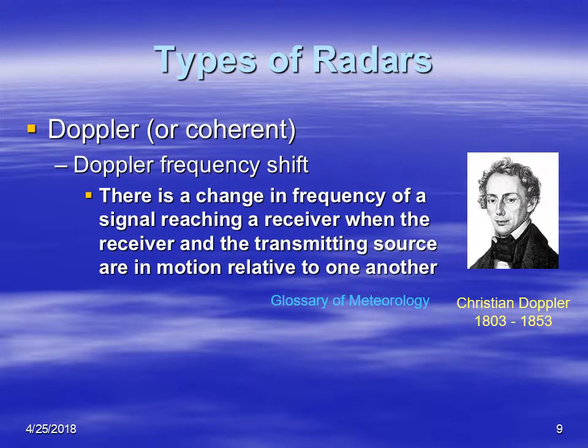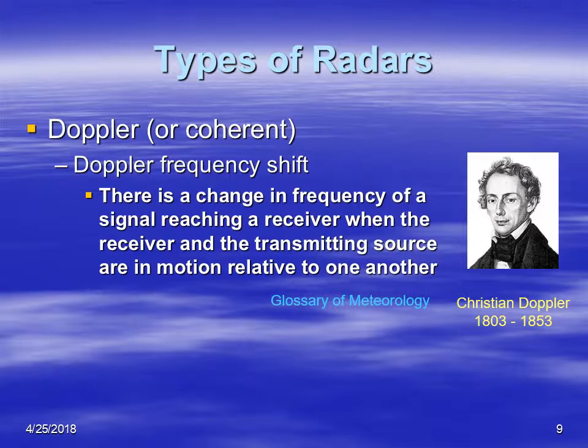There are other types of radars. Another example is the Doppler, or sometimes called coherent radar. This is a radar that's able to measure the Doppler shift. Doppler shift is where you get a change in the frequency of a signal that was transmitted. So it goes out at a particular frequency, and then it comes back at a different frequency, or you could say a different wavelength.